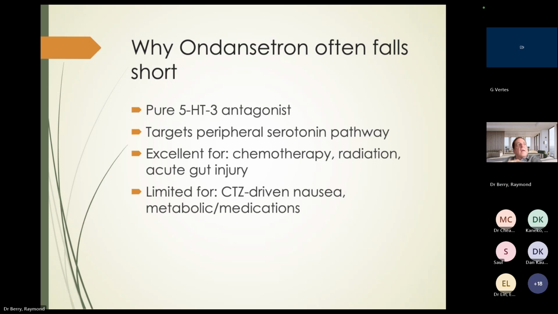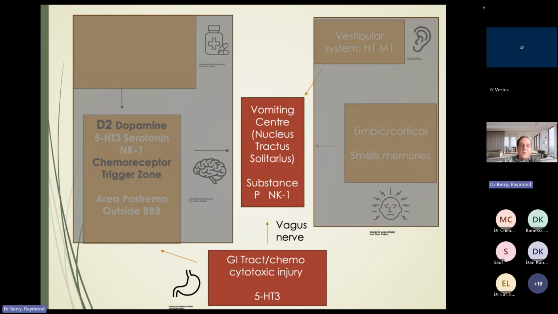Where I focus on this is that I often see people referred to me who have bad nausea and have been treated with ondansetron, and they're saying, why is this not working? What else can we add? It's not really about what else we can add. It's what can target the nausea that is most central to what this person is having.